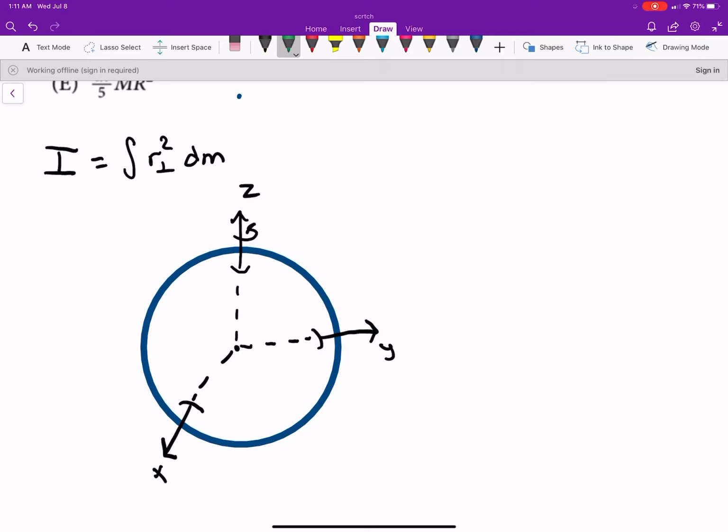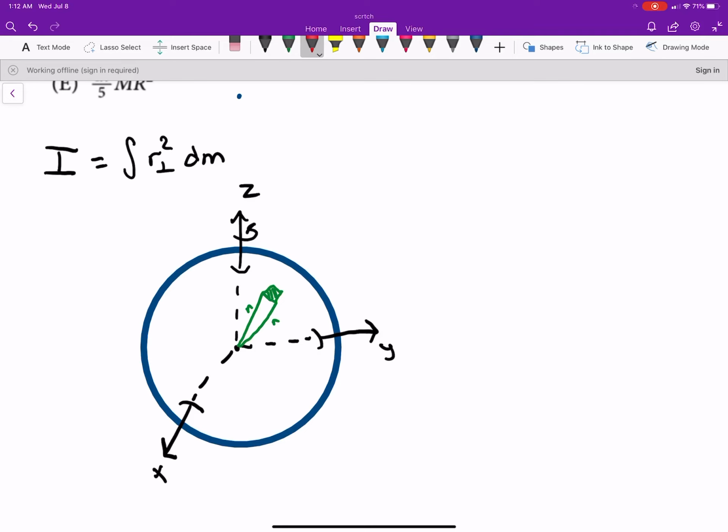Now let's draw, the best that I can, a little chunk of mass here. This might get a little messy, but hopefully it'll work. We have two distances, both r, that go out to some part, and this is your chunk of mass, if you will.